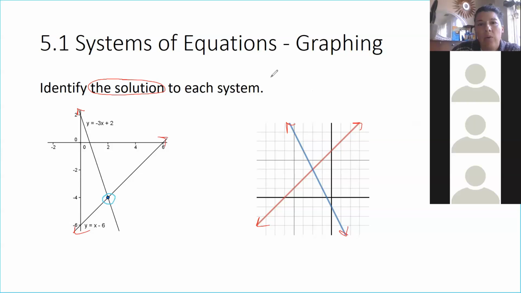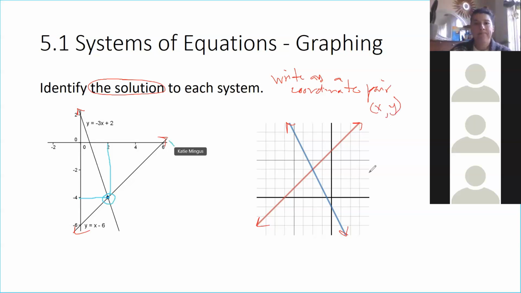Write as a coordinate pair. It's important with notation that you have parentheses around your coordinate pair, with an X and a Y. Beautiful. We're looking for where the lines intersect, the only coordinate pair that works in both of those equations.